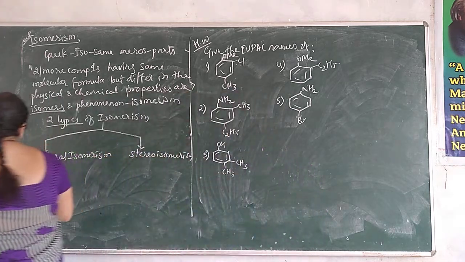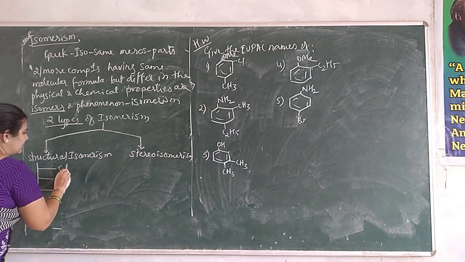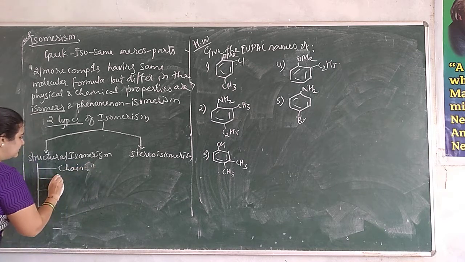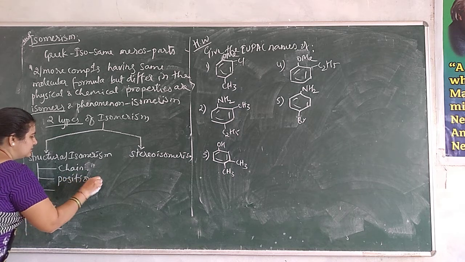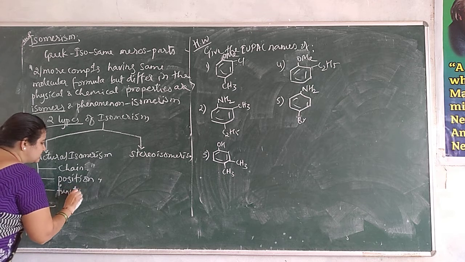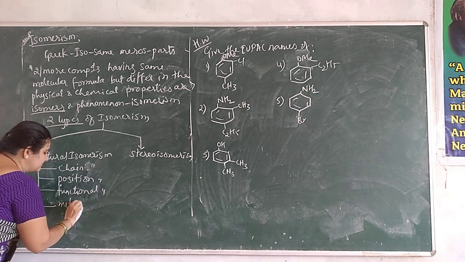In structural isomerism, four types are there. First one, chain isomerism. Second one, position isomerism. Third one, functional isomerism. Fourth one, metamerism.